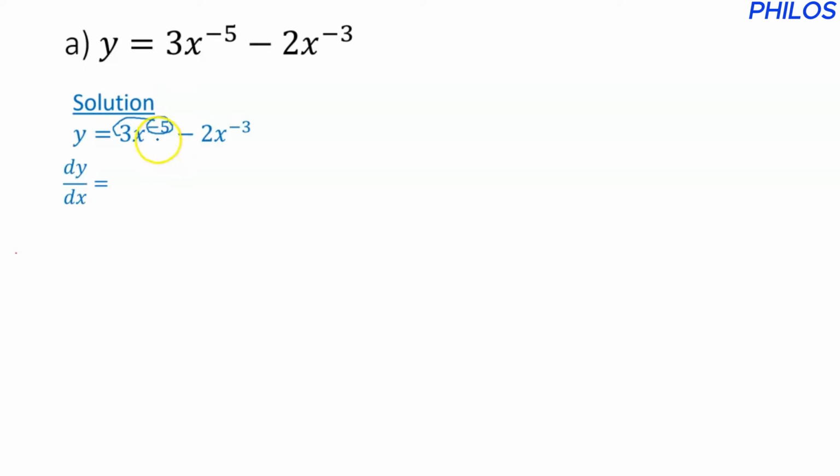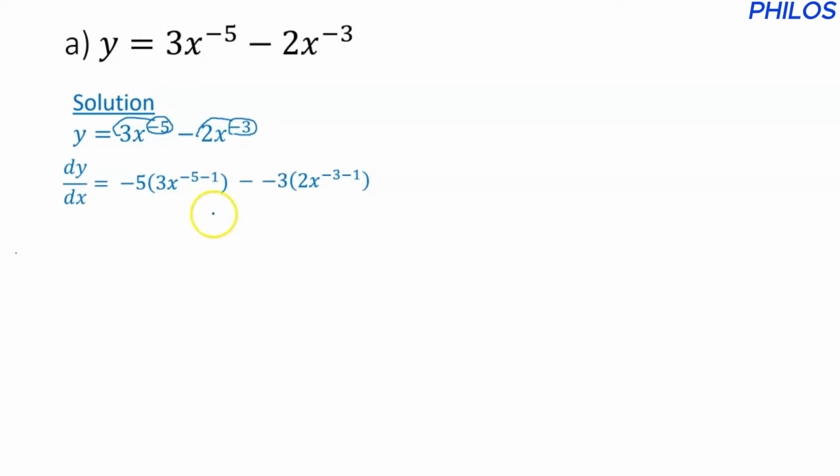So that means we are going to have negative 5 times 3x exponent negative 5, then we subtract 1 from it. Then minus, then we do the same thing over here also. So negative 3 times 2x exponent negative 3. Then we subtract 1 from the exponent also.